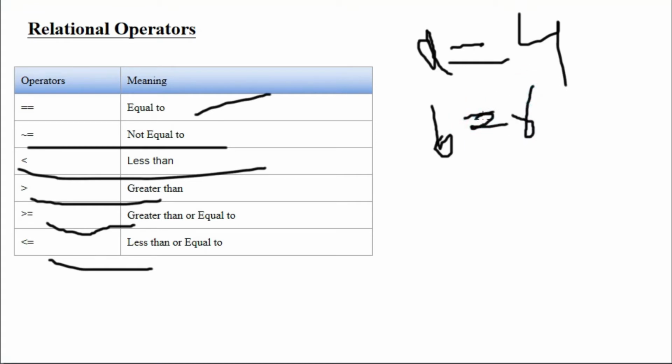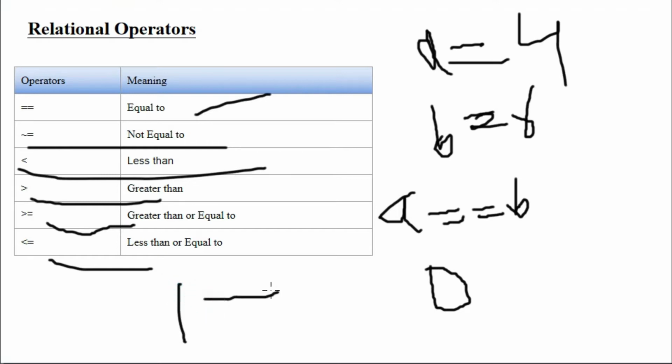If you want to compare both of them, we compare a equal to b. It is not equal, so it gives 0. 0 means false and 1 means true. So when we get output 1, it's true, and when we get 0, it is false.